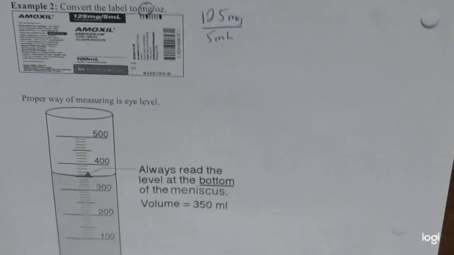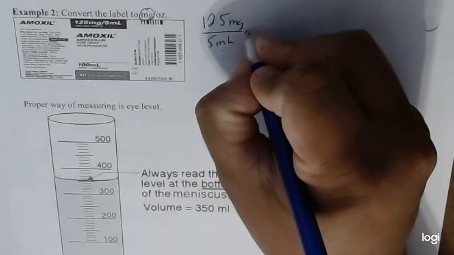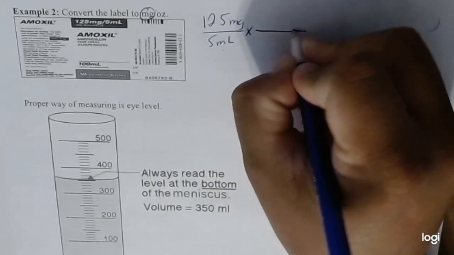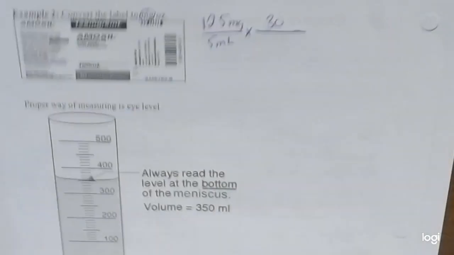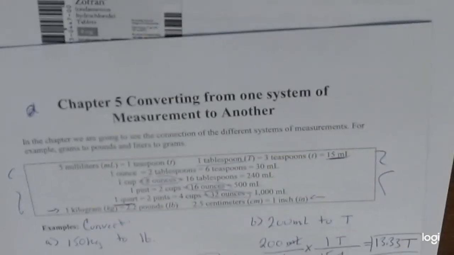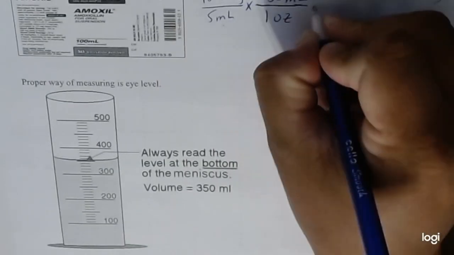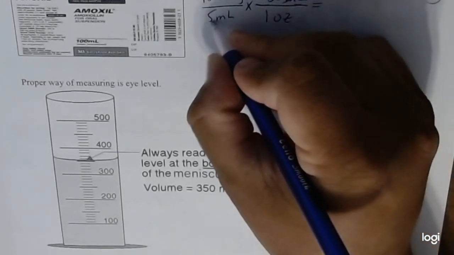So going back to the process, what we're given, times, for every 1 ounce, there are 30 milliliters. Sorry, 30 milliliters is equal to 1 ounce. So milliliters cancel.